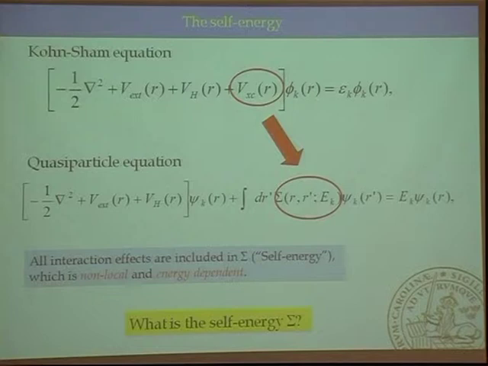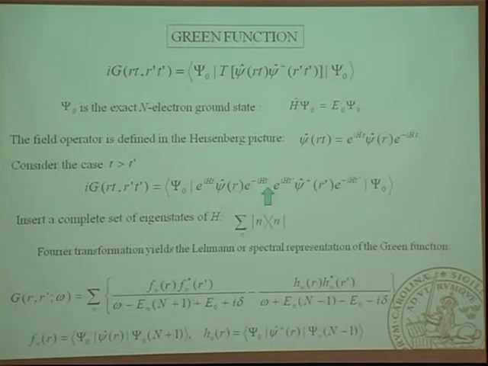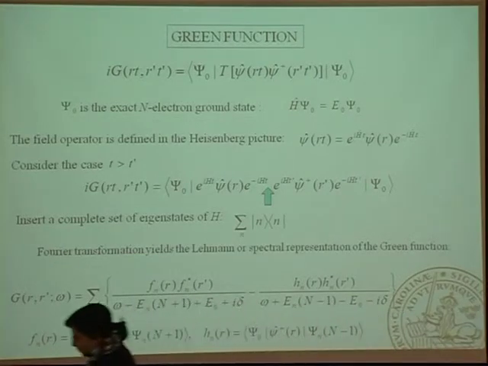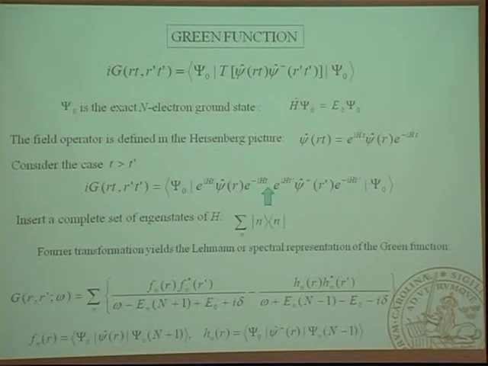How do you get this quasi-particle equation? You get it by writing the equation for the Green's function, so you have a Green's function instead of the wave function.